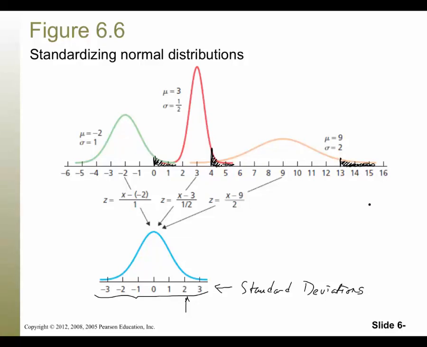The same percentage of observations will be above 13 in this distribution, above 4 in this distribution, above 0 in this distribution, because it would be the percent of observations greater than 2 standard deviations above the mean. So those areas are equal. So just like we can compare z-scores, we can compare areas.